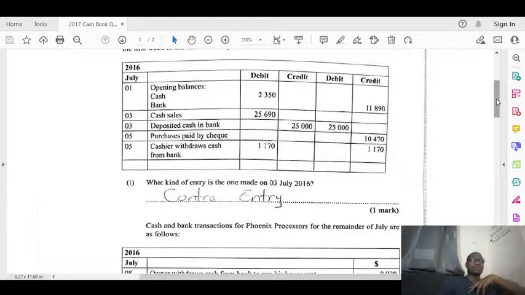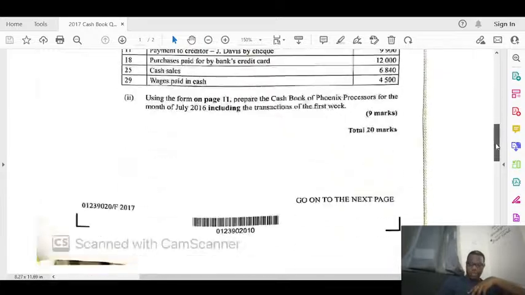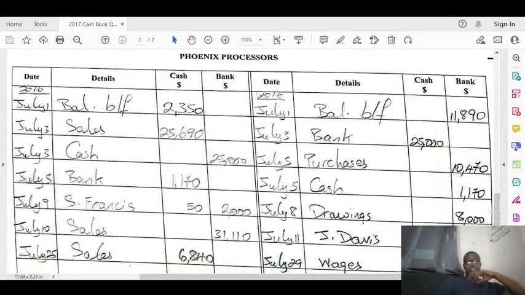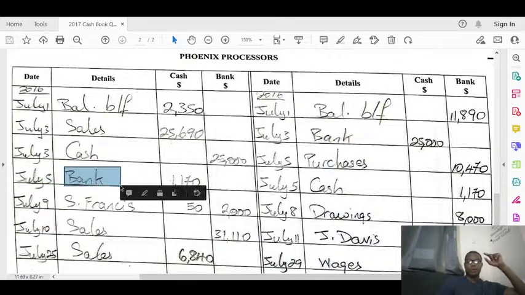I think the cash account is receiving and the bank account is paying, not true? Yes. Right? So the cash account is receiving. So it means that you have to debit the cash account. 1,170. See it here? You're going to debit the cash account. You write in the money first, as I always say. Write in the money first. Write in the date. Then you ask yourself, where is the money coming from in the cash account? It's coming from the bank. So you write it there. Alright?